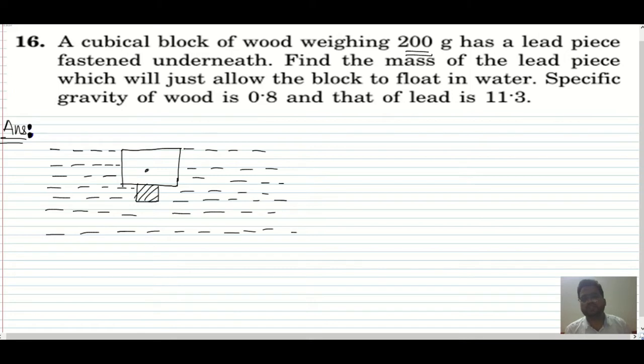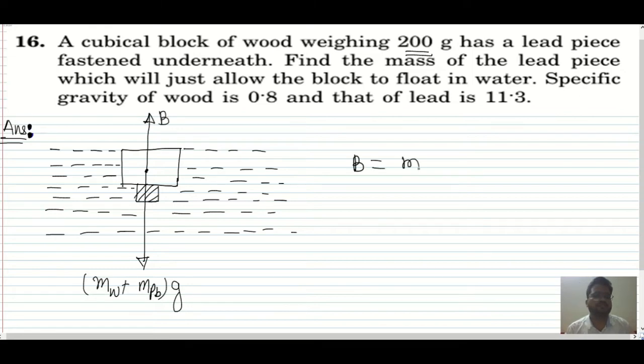Okay. So over here, mass of wood plus mass of lead into acceleration due to gravity is balanced by what? Buoyant force. So you can write buoyant force as mass of wood plus mass of lead into acceleration due to gravity. Okay? So buoyant force, always remember one thing.